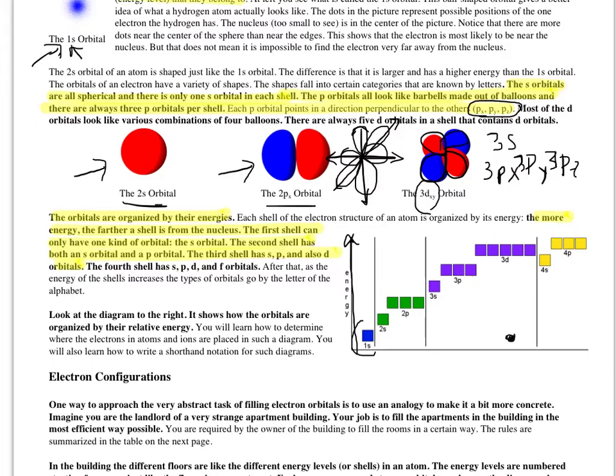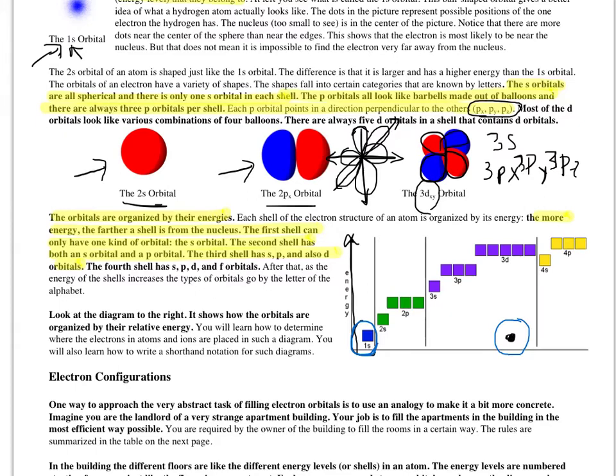Okay, so bear with me. I'm going to try to use different colors here. If that's our nucleus, okay, now we know the nucleus would actually be bigger, and it would have, you know, all these protons and neutrons in it. But that 1s orbital here, we would find right here, and it'd be a sphere, like 3-dimensional. Okay?